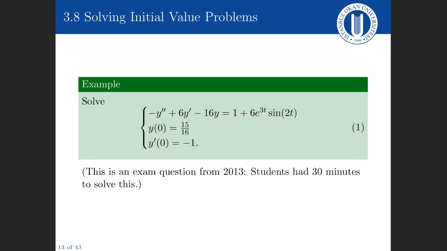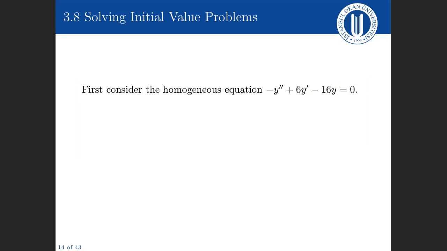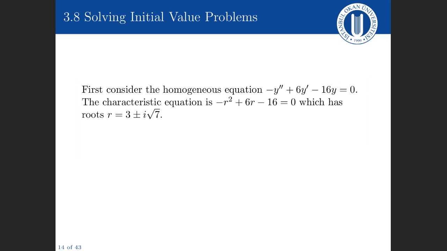So what we're going to do. First, we're going to look at the homogeneous equation: minus y double prime plus 6y prime minus 16y is equal to 0. Here we go.